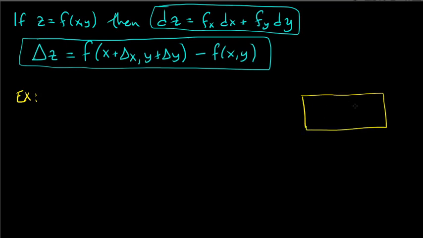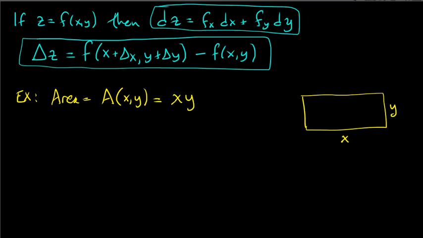So we're going to talk about the area of a rectangle. We'll just call it A. And this is the length. We can call it L. I'm going to call it X. And then the width is usually W, but I'll call it Y. So area is a function of both X and Y. But it's a very simple function. Length times width, X times Y.